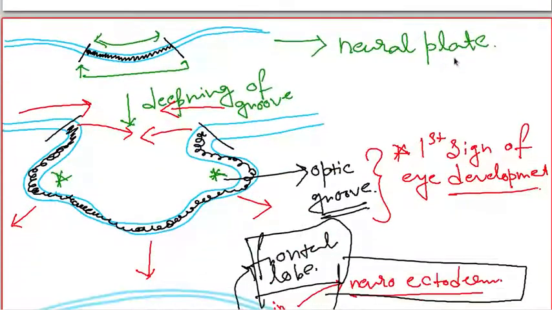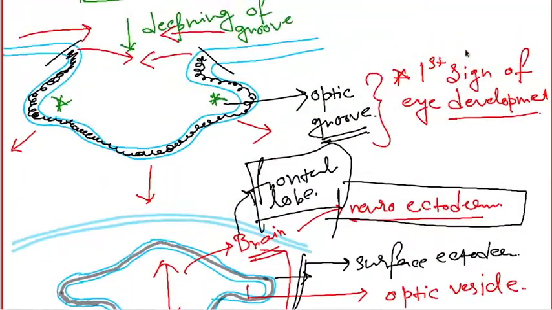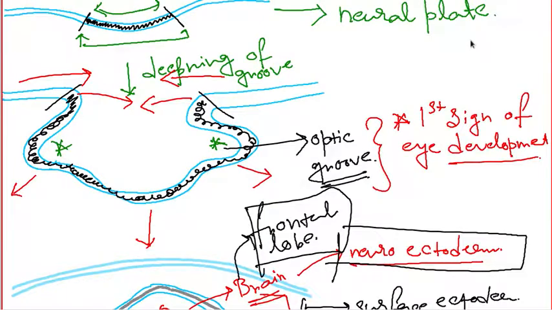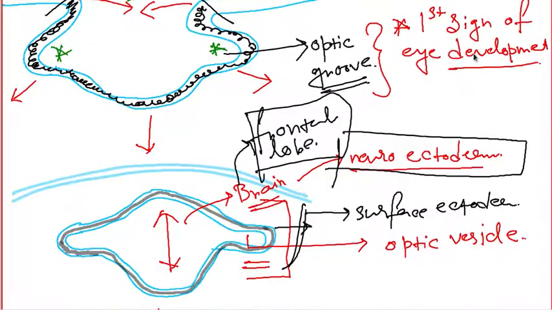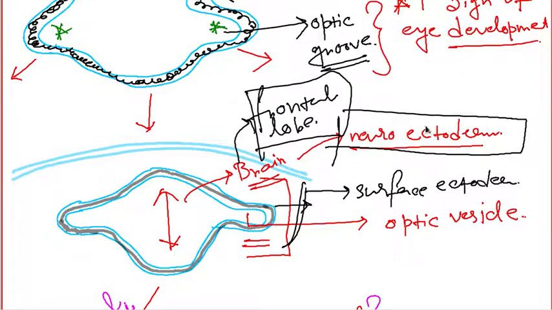So as you can see, this neural plate, which is actually neuroepithelium, after pinching off we call it neuroectoderm. So basically it gives rise to these structures, which will later form the brain, the frontal lobe, and on both sides the optic vesicle.